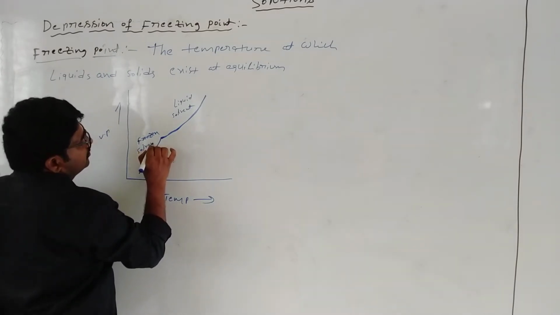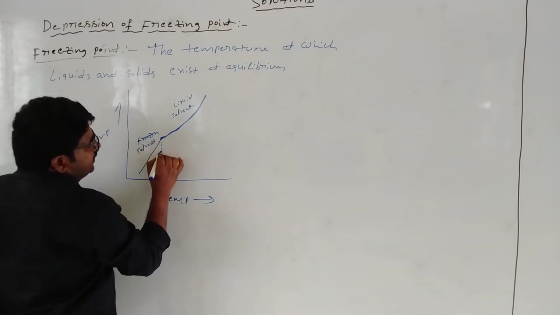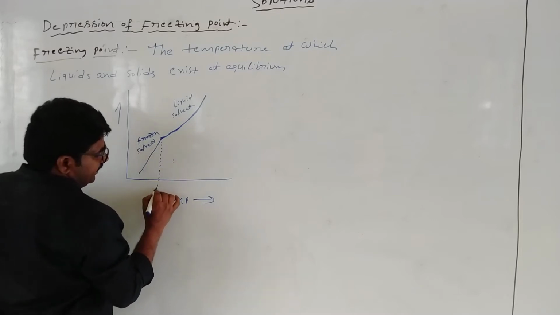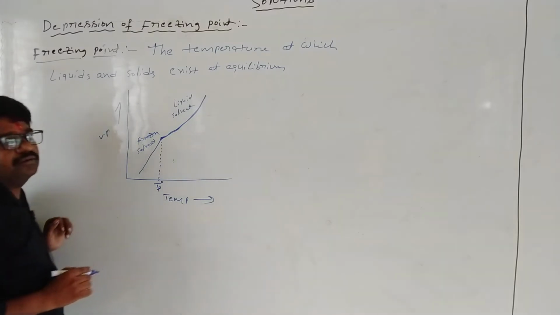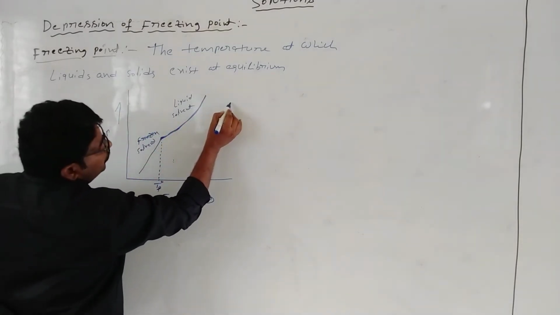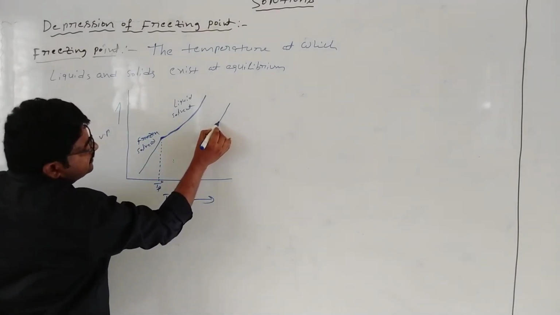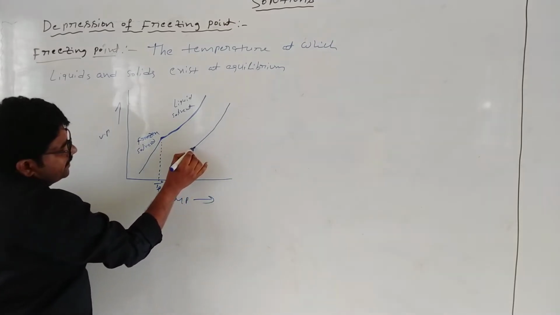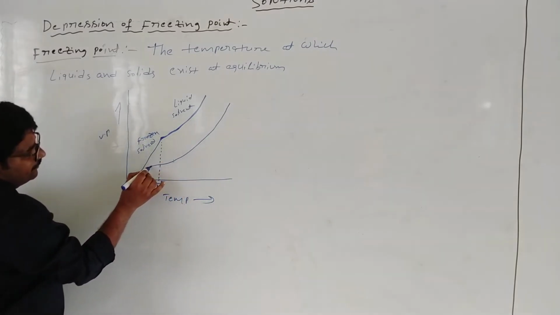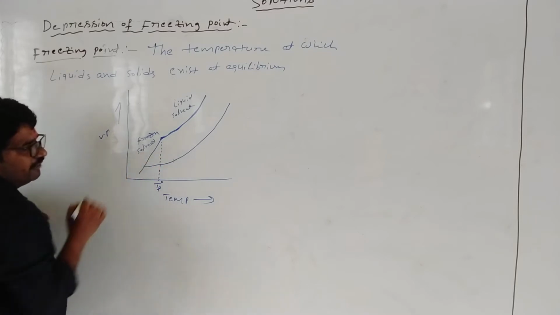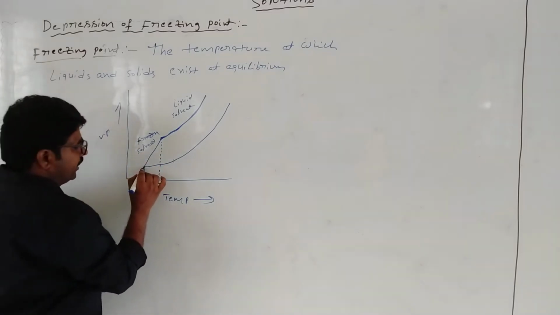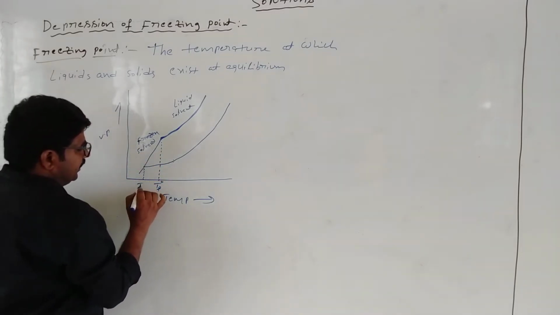This point is considered Tf naught. Now for the solution, as temperature decreases, it touches the frozen solvent. Now this point is Tf.